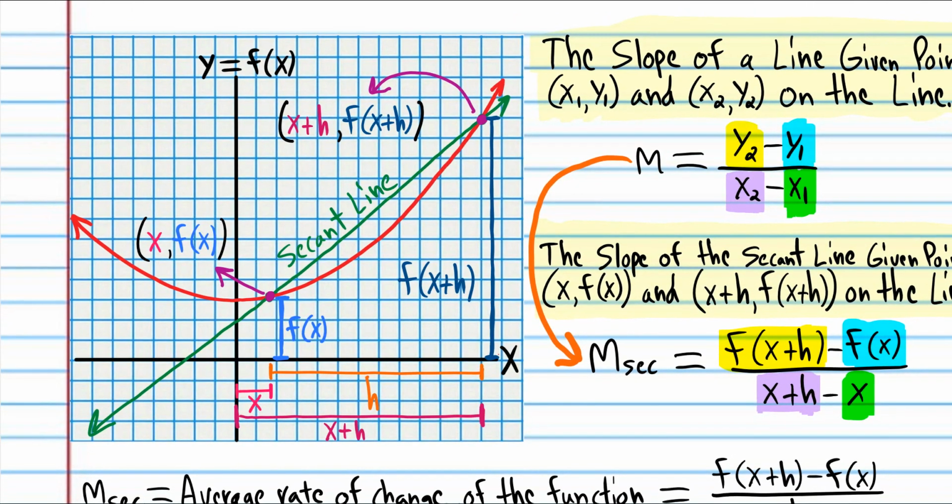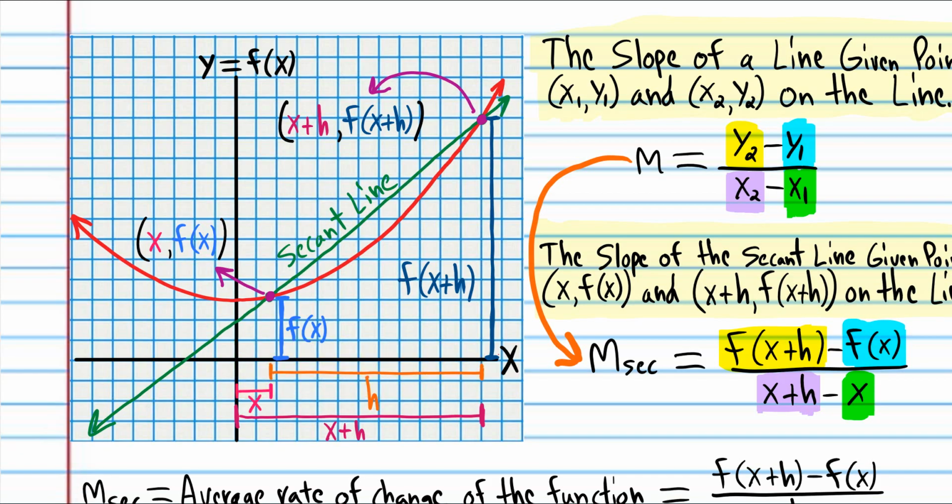Now what we're going to do is find the coordinates of this point up here. h is a number that we add to x. So we're already starting with this x value here, but we're going to add h to that x value.